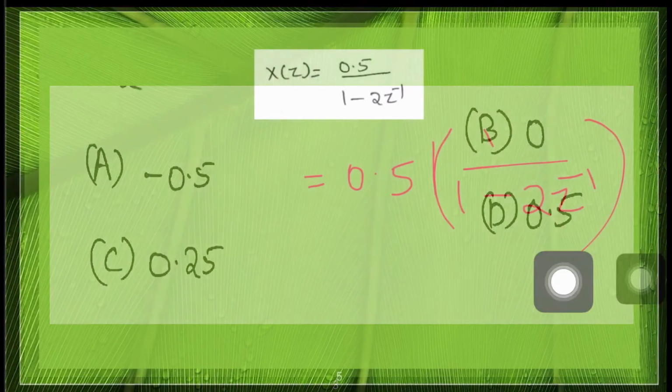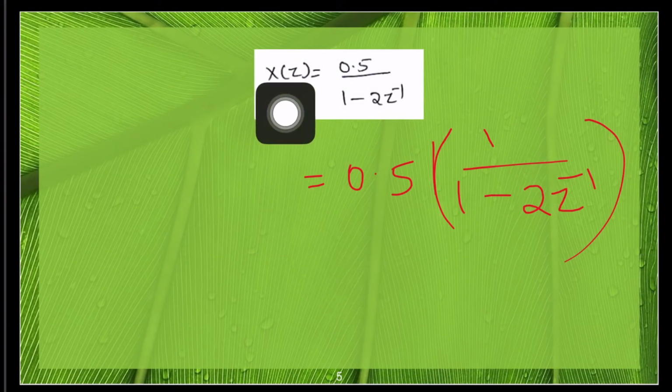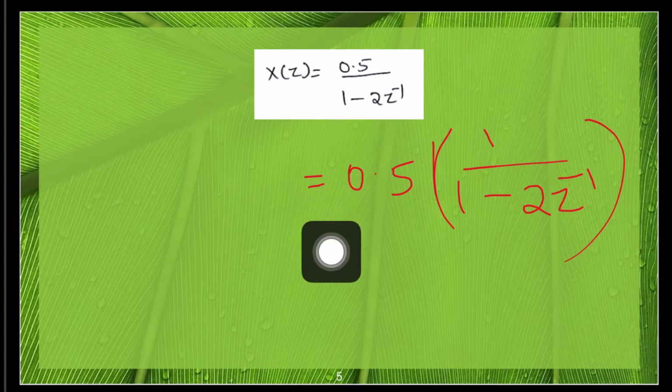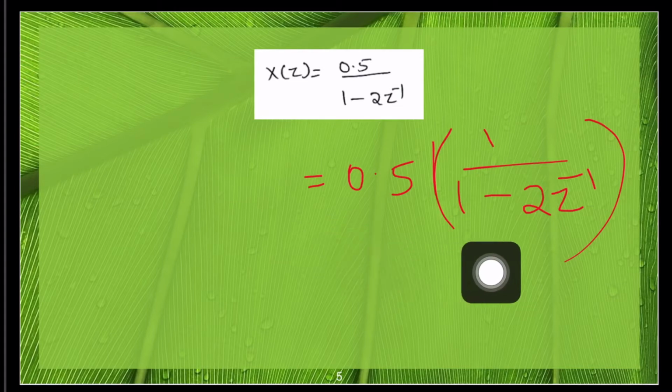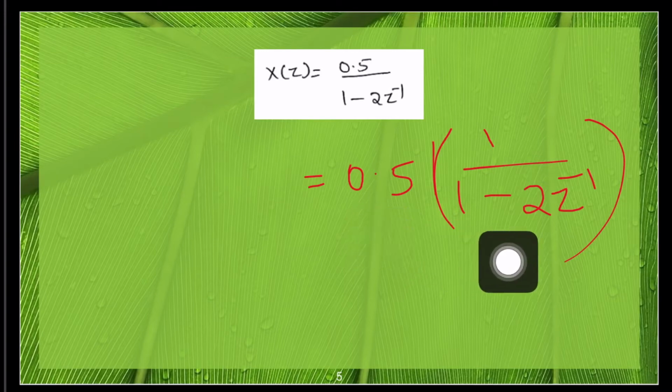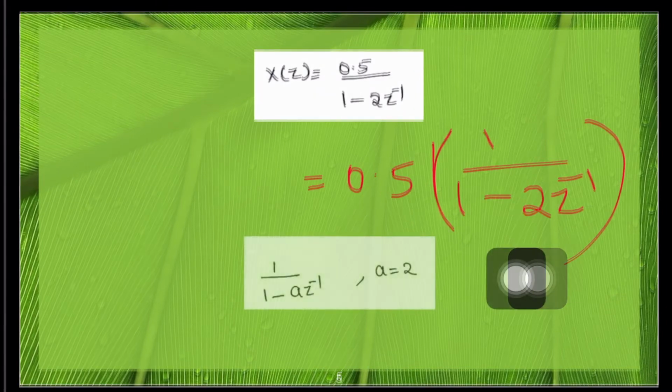Here X of z is given as 0.5 by 1 minus 2 z raised to minus 1, which can be rearranged as 0.5 into 1 by 1 minus 2 z raised to minus 1. So here we have a constant 0.5 and another term 1 by 1 minus 2 z raised to minus 1.